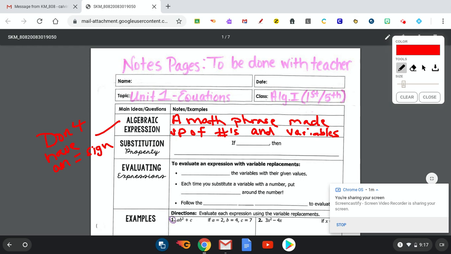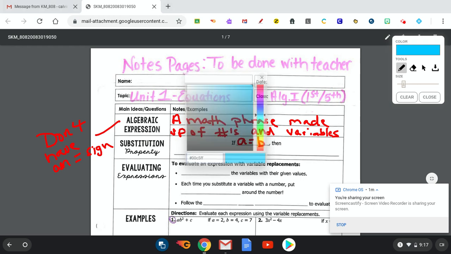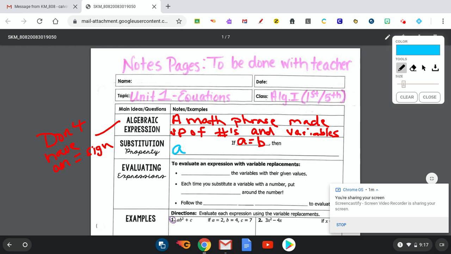So basically what we're going to be doing today is, if we have something where A is equal to B, then what we can do is take A and replace it.